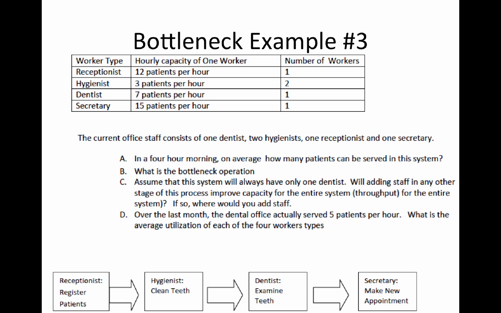If we add 1 more hygienist, now we'd be able to see 9 patients per hour for the hygienist step, which allows us to see more patients than the dentist step.